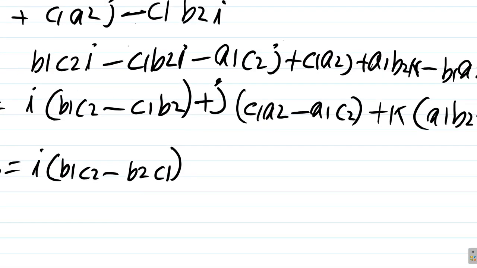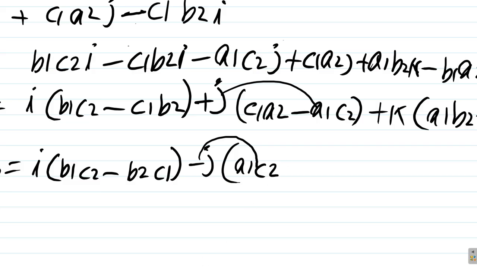Here, let's put a minus J, open bracket, minus J times, if we minus the J, right, we would have to change the sign in front of the A1C2 to make it back like here. So A1C2, if we multiply negative J by A1C2, we'd have negative J A1C2, same thing as when we expand this. And then we'd have to make this negative now.